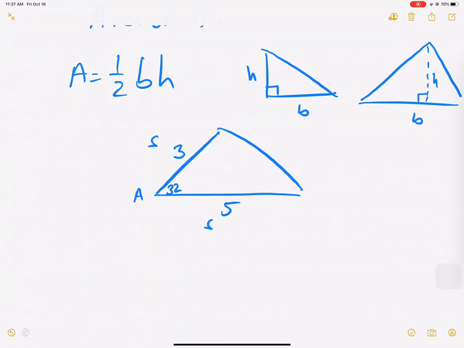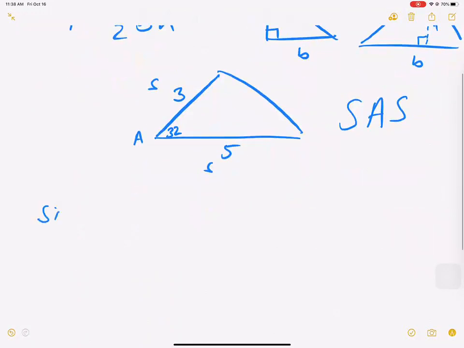So for these type of triangles, SAS type triangles, we are going to have a rule called the sine formula for area. And this isn't really a rule, more of an observation. So here is our general format.